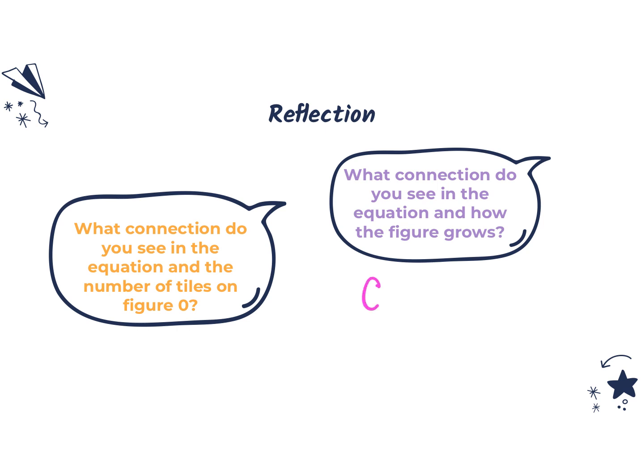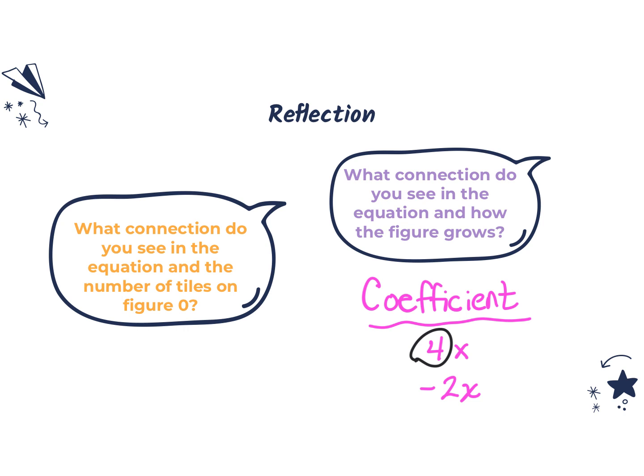So the coefficient, C-O-E-F-F-I-C-I-E-N-T. You know me and my spelling, coefficient. So if I have 4x, the coefficient is the number in front of x. It would be the 4. If I had minus 2x, the coefficient would be minus 2, because that's the value of the number in front of x.